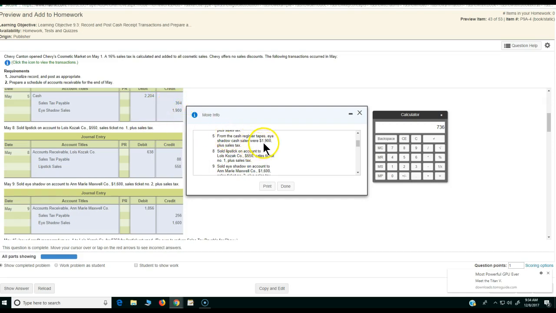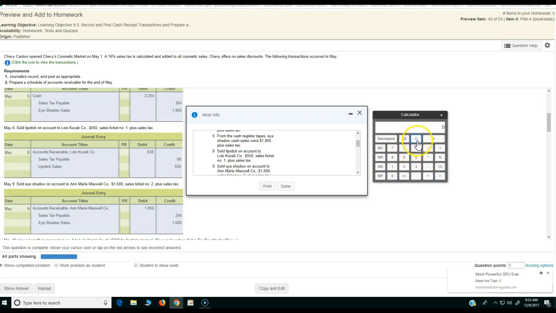So the tapes show 1900, so I'll show you that you can take the 1900 and multiply it to get the total amount. I'll show you 1900 times 1.16. What I just did is I multiplied times 116% to get the total cash, and you can see that that's 2204. So if you calculate the whole kit and caboodle like I just did, you can just back the 1900 out of the 2204 and plug in the sales tax, which we know is $304.